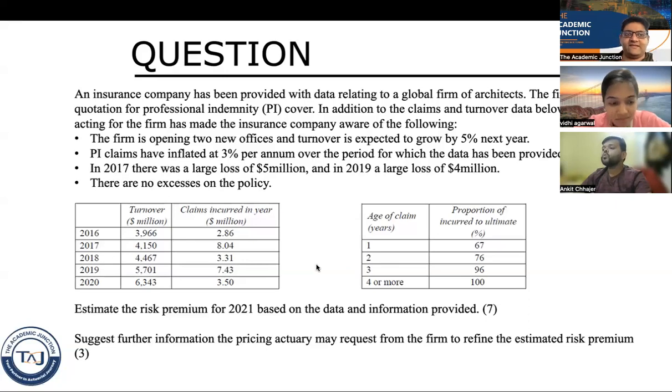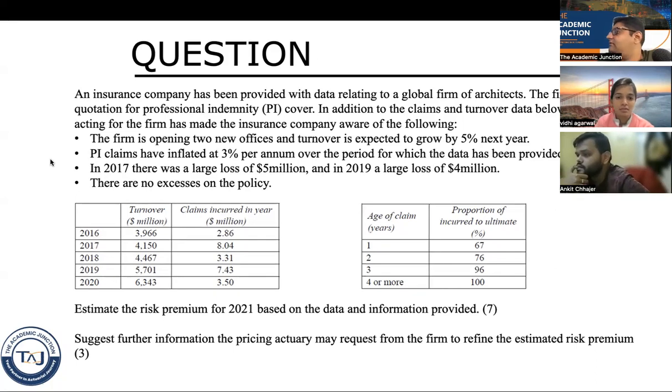Let's correct it and then let's see whether Vidhi corrects it. $8.12. Very close to the right number. You're off by about $300,000, which is fine. So the right answer is 7.8 million.